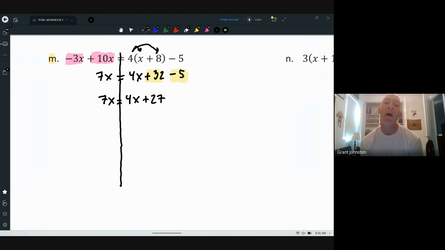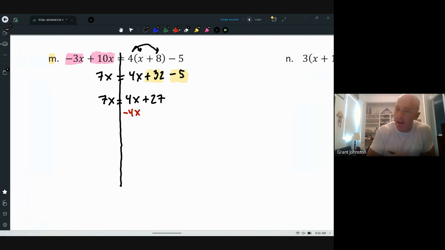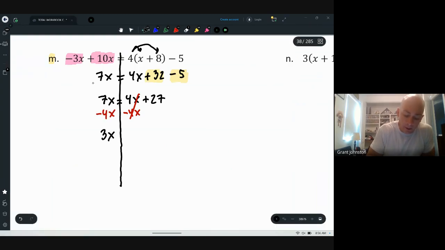And now I'm trying to isolate x. I've got to get x over to one side. Now, it would make most sense to take away this 4x. So I'm going to subtract 4x. Because if I took away the 7x, there'd be nothing over there, and you'd just have a 0, and that would look kind of funky. So that's 3x equals 27.